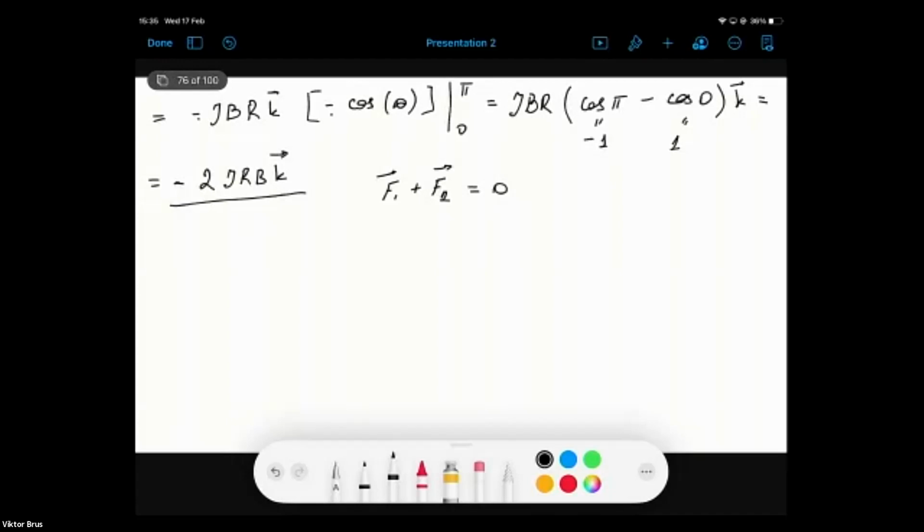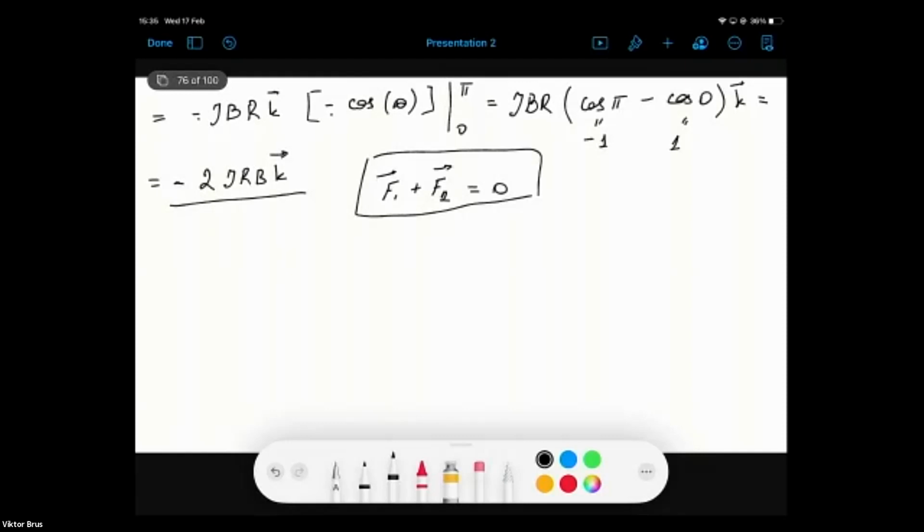And that's why any loop of any arbitrary shape will satisfy this condition. So total net magnetic force on a closed loop will be equal to 0.